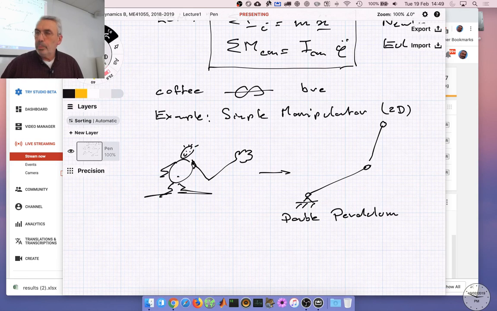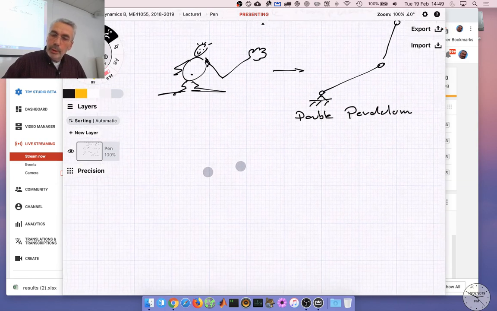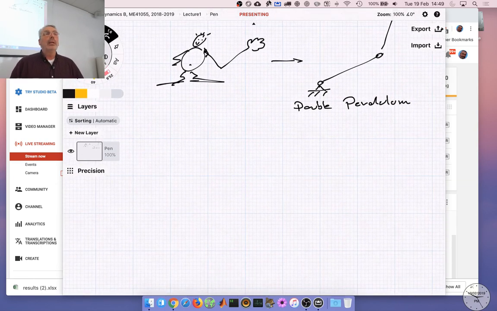I see two pendula connected to each other, and then they're connected by ideal hinges, no friction, and the bodies in itself are rigid bodies, rigid rods, and that is actually a pretty nice model for our simple two-dimensional manipulator.